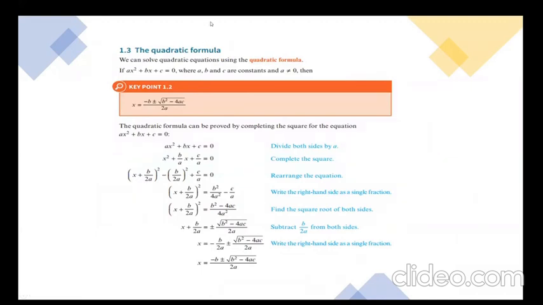So derivation involves as the general equation is ax square plus bx plus c equals 0, which implies a does not equal 0.